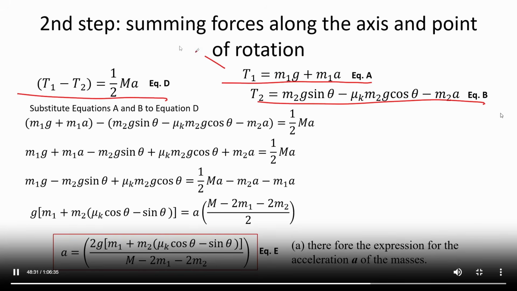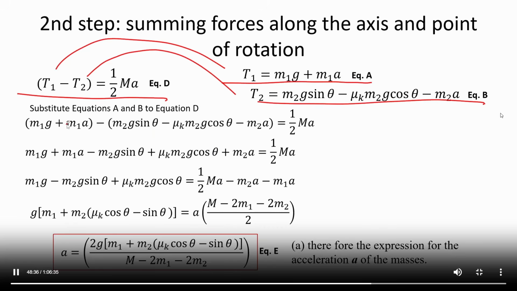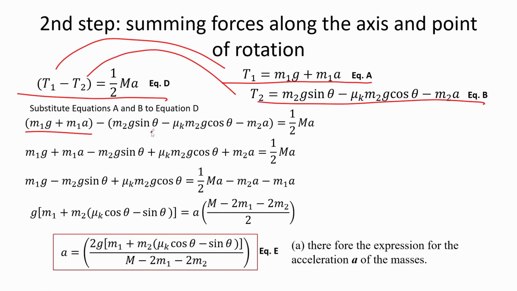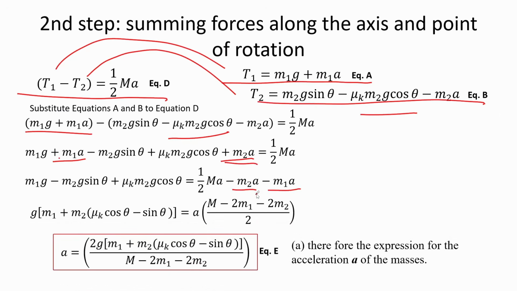Substituting them, the T1 here and the T2 here, you have m1g plus m1a, m2g sine theta minus mu k m2g cosine theta minus m2a, 1/2 ma. Then we can group the like terms. This one we transpose here, and this one we transpose.